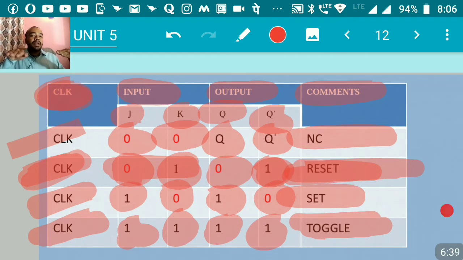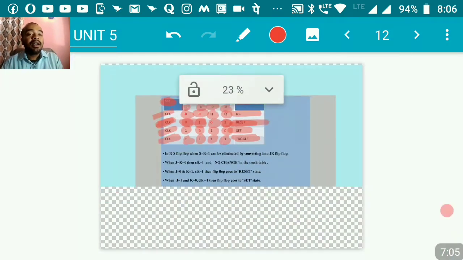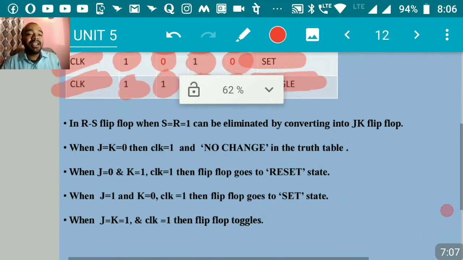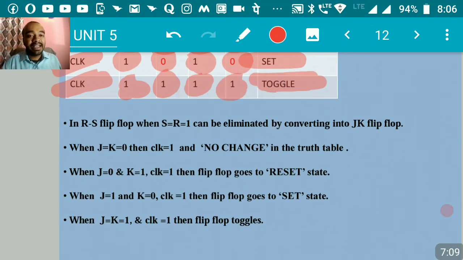Again you apply the clock pulse, the flip-flop goes to the set state. Again you apply the clock pulse, the flip-flop goes to the reset state. So this toggling between set and reset state for every clock pulse applied, when you apply the inputs 1 and 1 to J and K, is what I'm going to call the toggle state of your JK flip-flop.